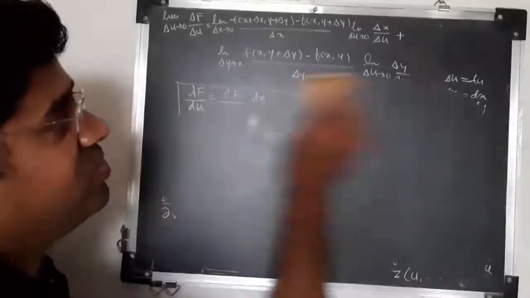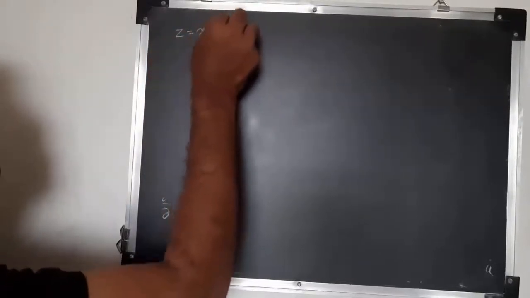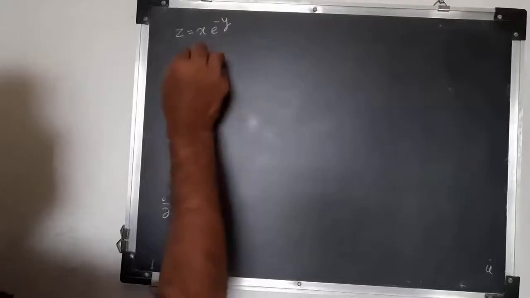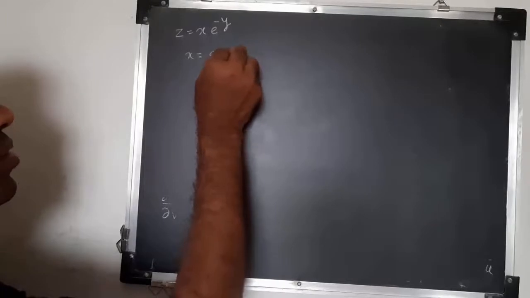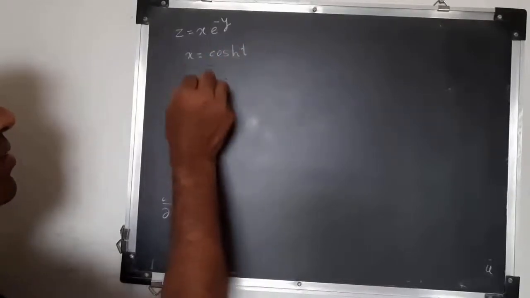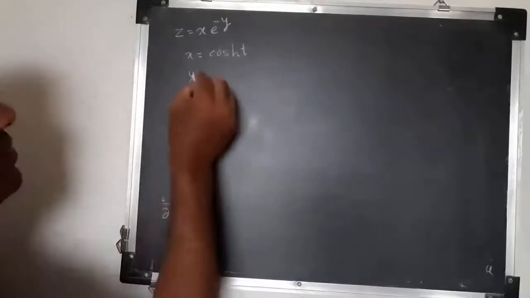So, suppose this is one problem. Suppose z is a function of x and e raised to minus y, and x is cos hyperbolic t and y is cos t.